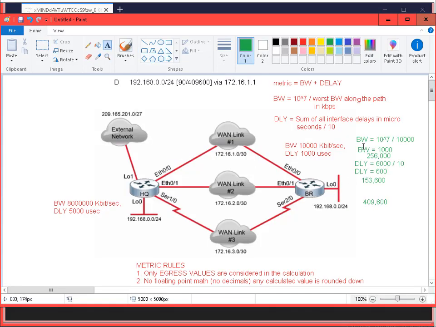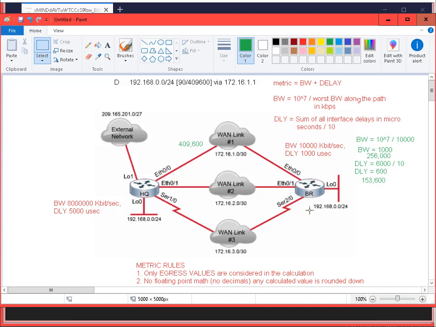So that being said, we know that the metric for that particular path is 409,600. Now, I can take that and take a look at the other paths as well. We do have the offset applied on this bottom link, so we'll have to make sure that we include that. But I can actually see and predict how EIGRP is going to behave based on the calculations here.